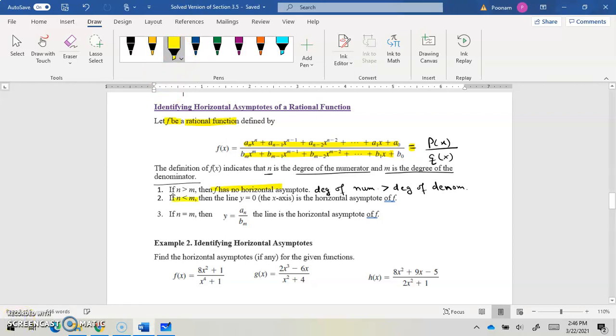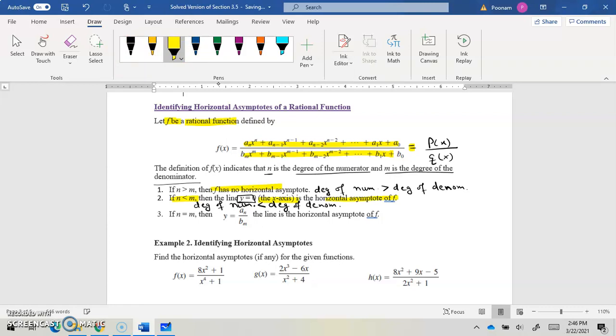On the other hand, if n is less than m, that means the degree of the numerator is less than the degree of the denominator, then we have y is equal to 0, which is the x-axis. The horizontal x-axis is your horizontal asymptote of the function.